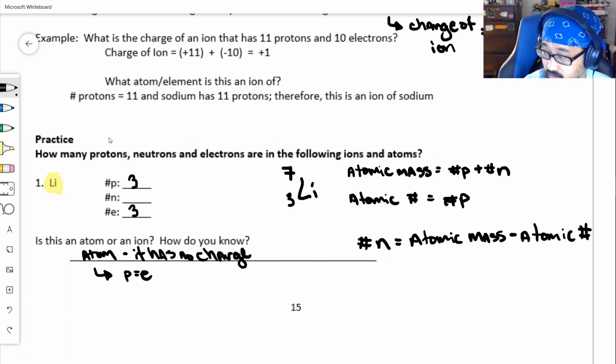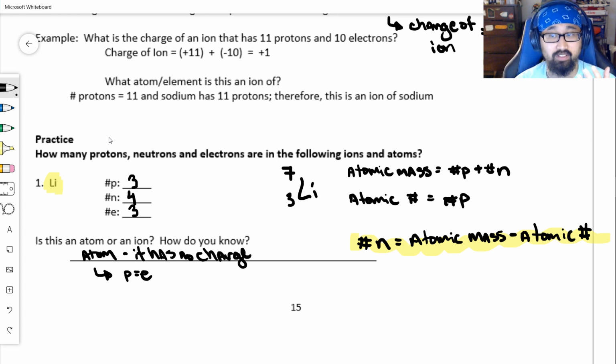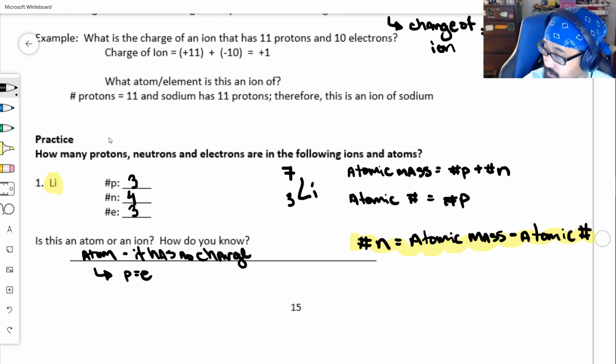So in this case, I'll do 7 minus 3, and now we get 4 neutrons. This, by the way, is always true. Again, I'm 90% certain that I talked about that on page 12.